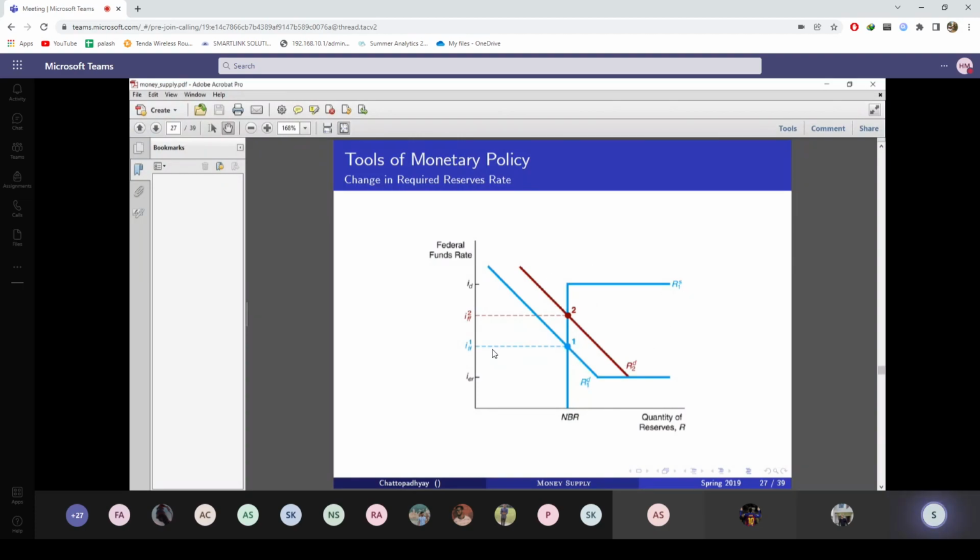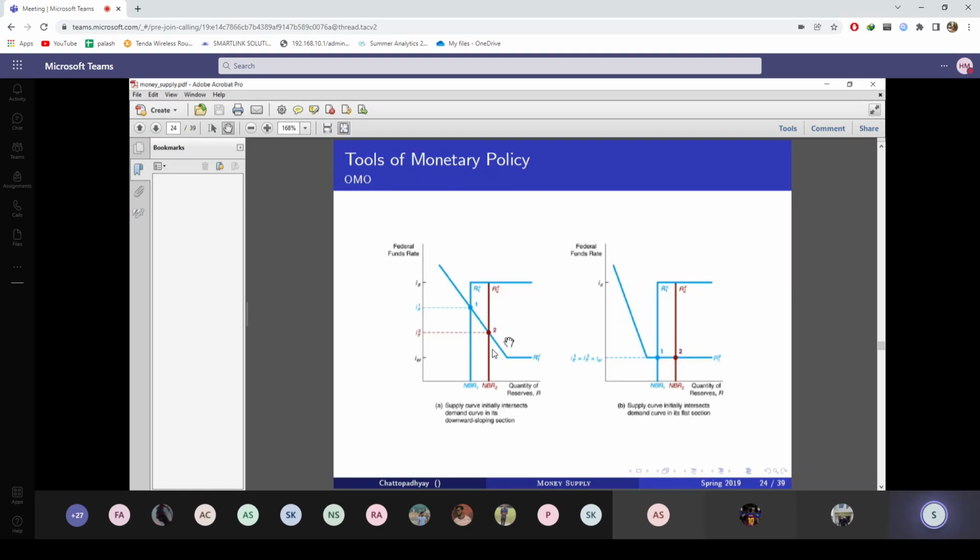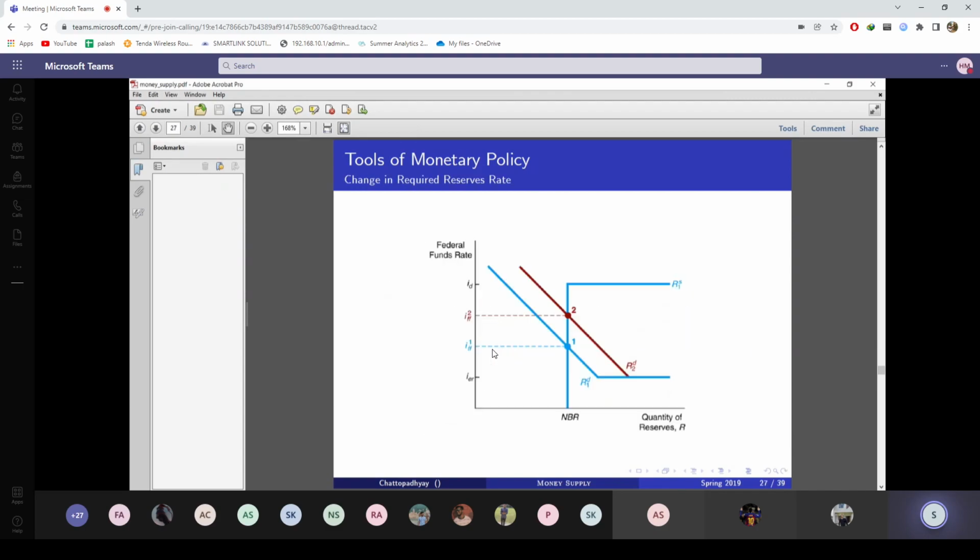So in the case of open market operation, when the central bank purchases bonds, reserves rise, there is a shift of the reserve supply curve to the right side. This is an increase in required reserves. So when the increase in required reserves takes place, the commercial banks start demanding more reserves. So the reserve demand curve goes up.